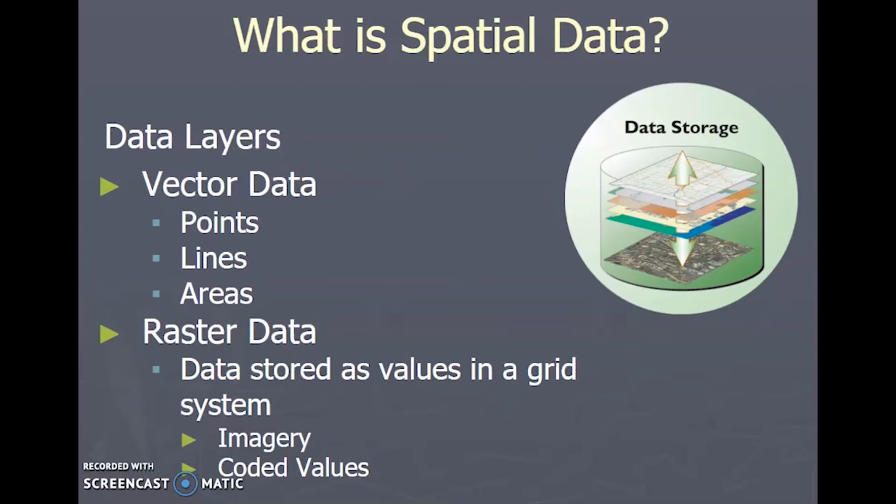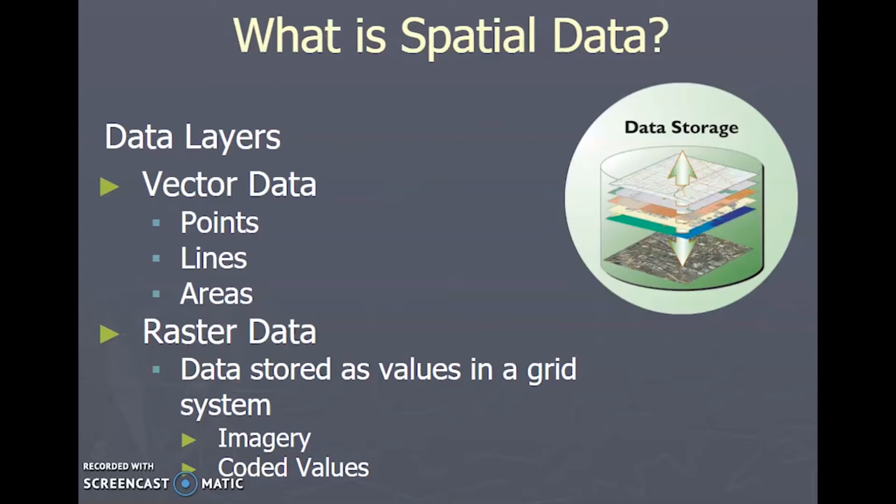In a GIS, data is stored in one of two different ways. It can be stored as vector data, and that vector data consists of points, lines, and areas, or it can be stored as raster data. Raster data is going to be a grid of information. For example, an image is going to be raster type data.